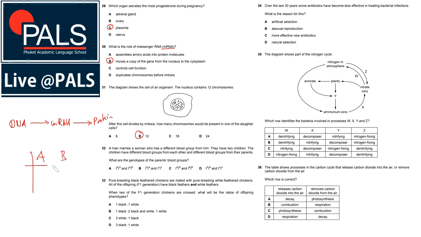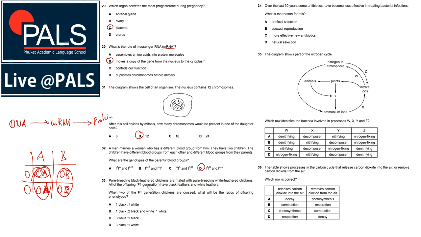The other parent has blood group O. Therefore, the possible offspring will be blood group A or blood group B. They can have one child with blood group A and another with blood group B, all different.